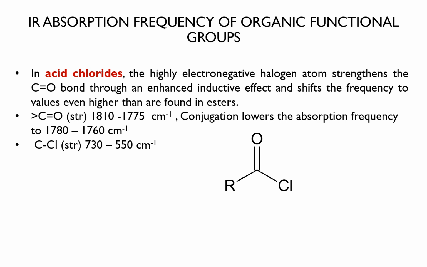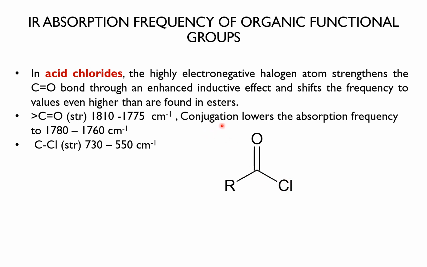Next group is acid chlorides, where we have carbonyl group and chlorine. We can have other halogen as well. So acid chlorides generally show carbonyl stretching frequency in the range of 1810 to 1775 centimeter inverse. This is again due to presence of electron withdrawing effect of halogens.